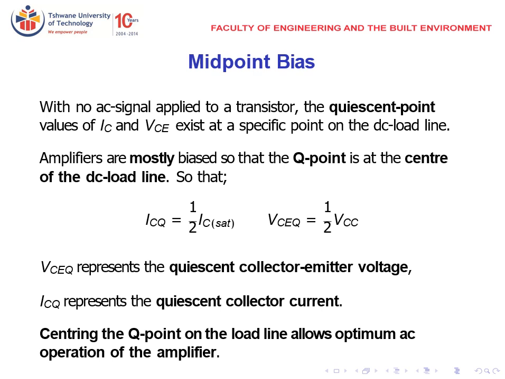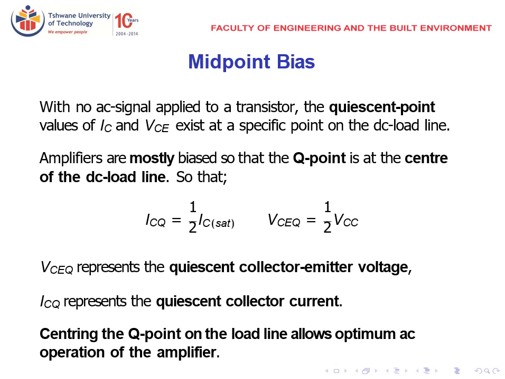Midpoint biasing. With no AC signal applied to the transistor, the quiescent values of IC and VCE exist at a specific point on the DC load line.